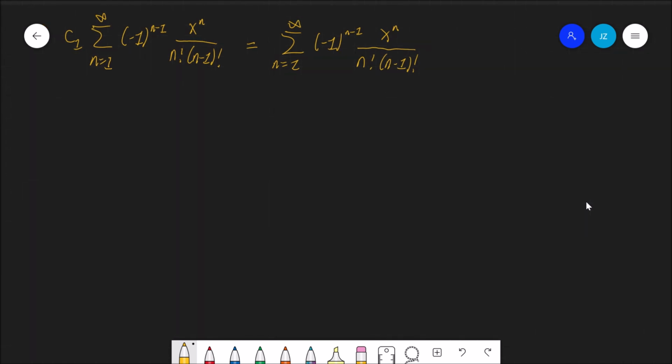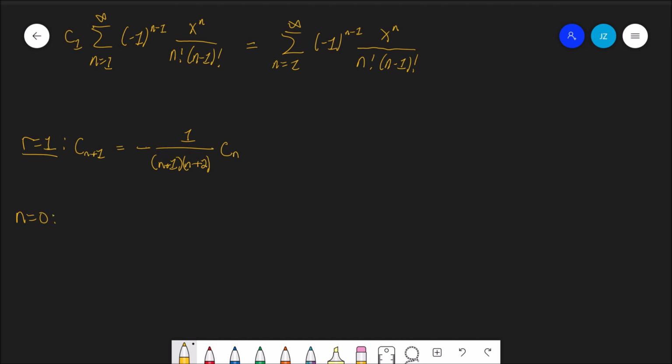Now, we have to consider the case where r is equal to 1. This will give us that C sub n plus 1 is equal to negative 1 over n plus 1 times n plus 2 times c sub n.